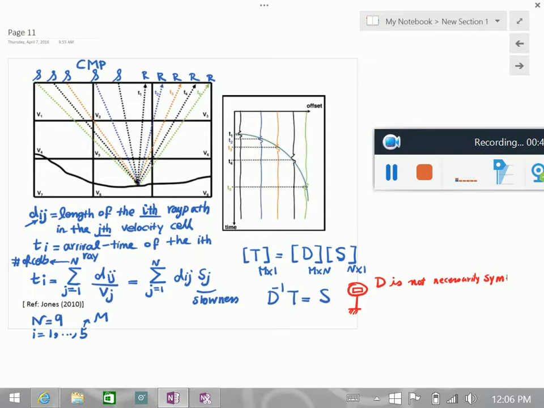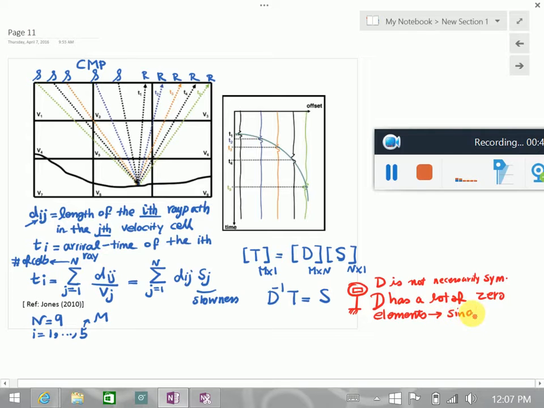So let me write down what we discussed. D has a lot of zero elements, so it's singular. As Yi said, it's not positive definite most of the time.